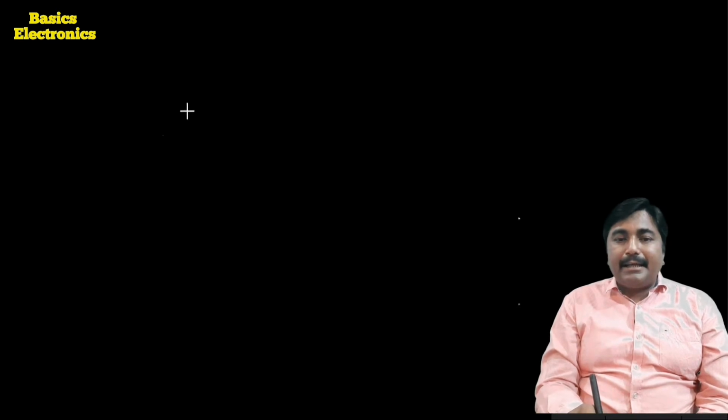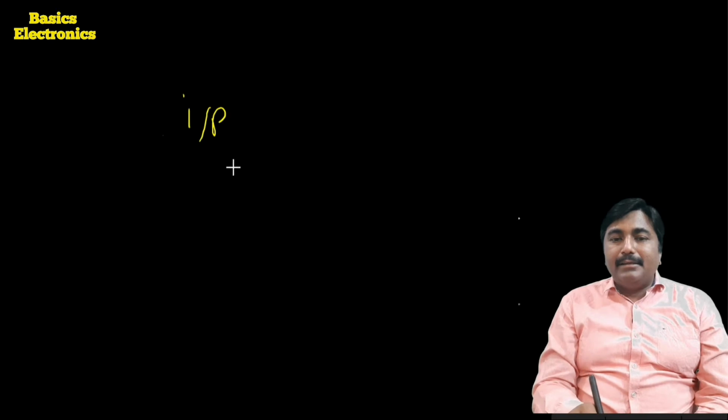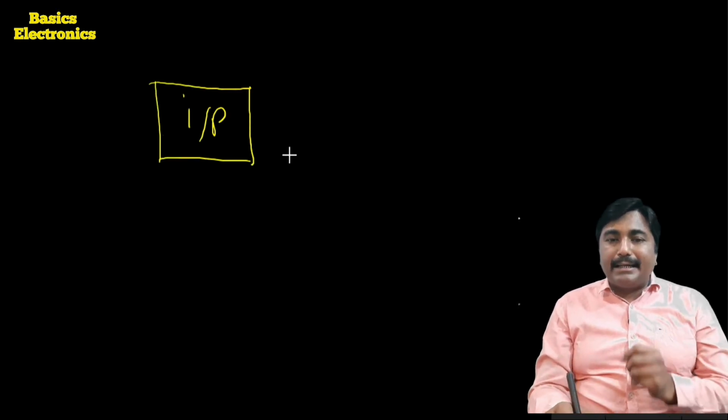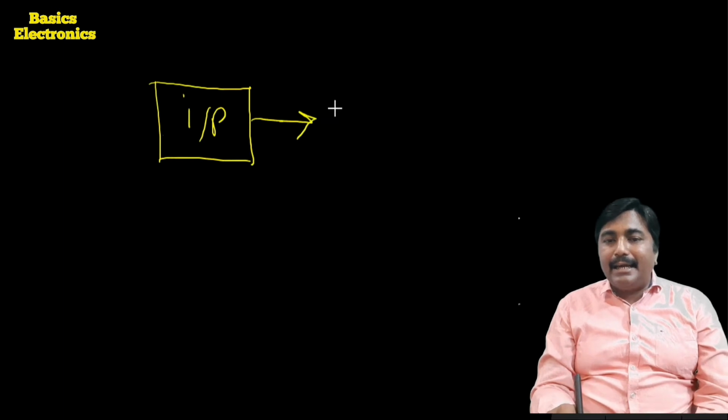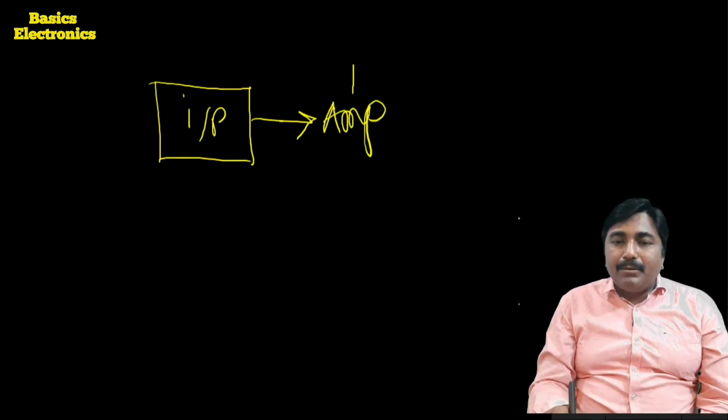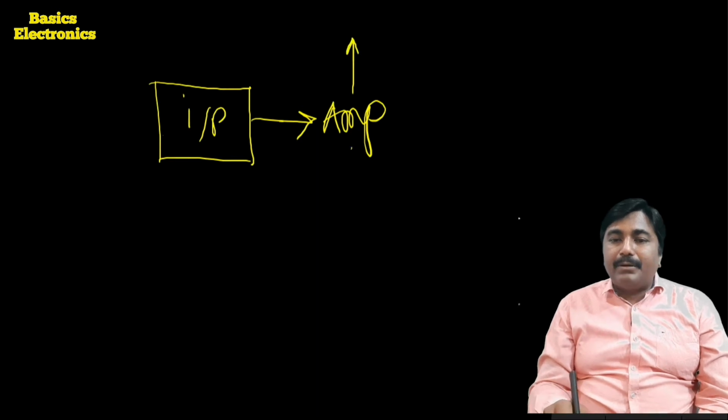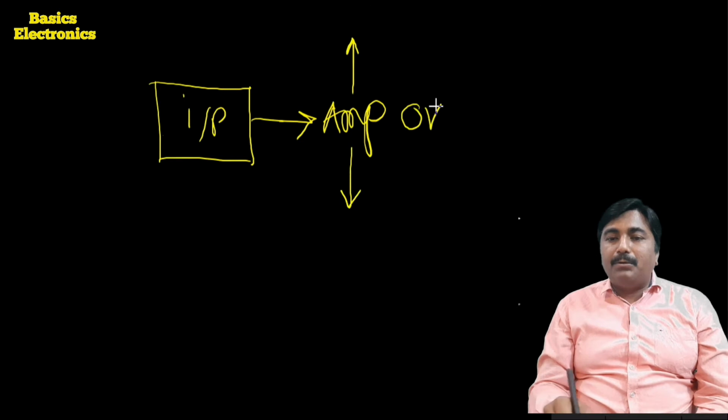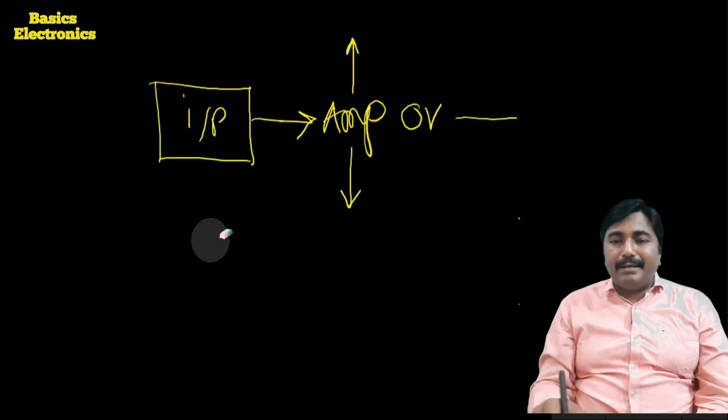The input signal has an important characteristic, the amplitude, and we can consider that the amplitude increases or decreases from 0 volts. If we see the waveform, it is like this.